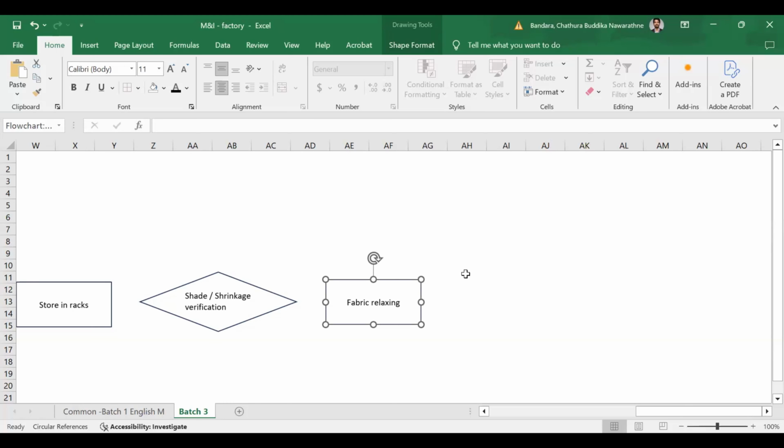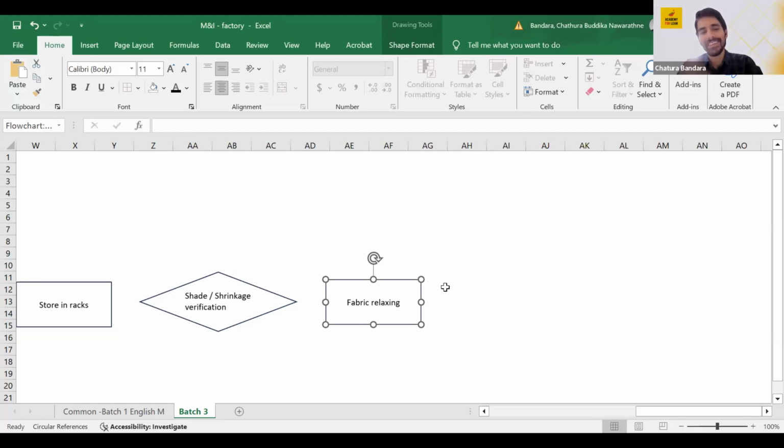After relaxation is finished after a certain time, then we'll move the fabric to the cutting department. If it is 24 hours, after 24 hours we will move the fabric to the cutting department. It means there is one waiting time for the relaxation. Here I can draw only a box or a triangle, right?